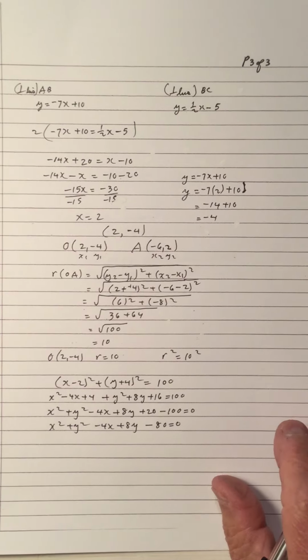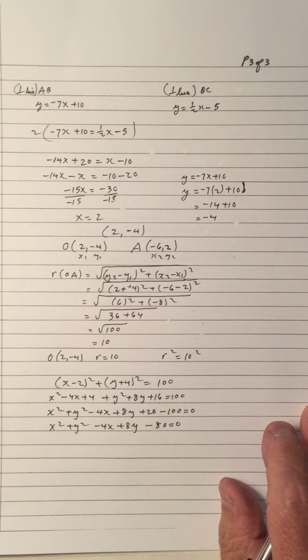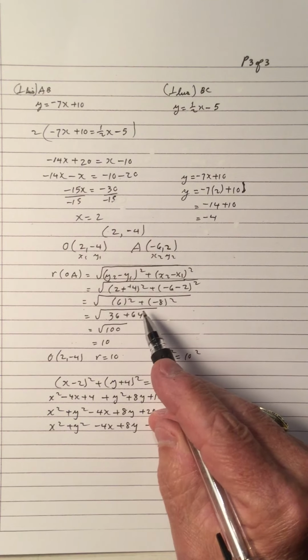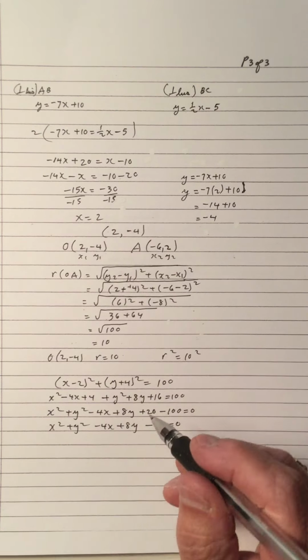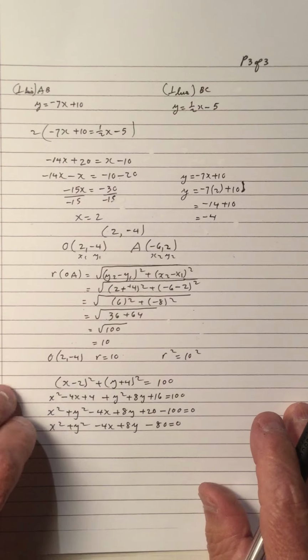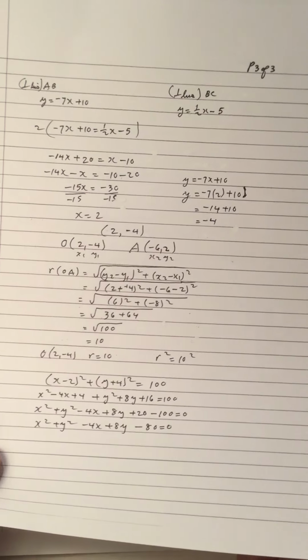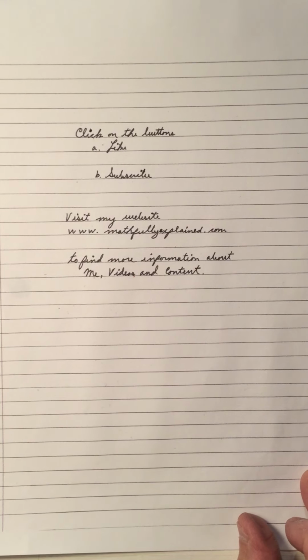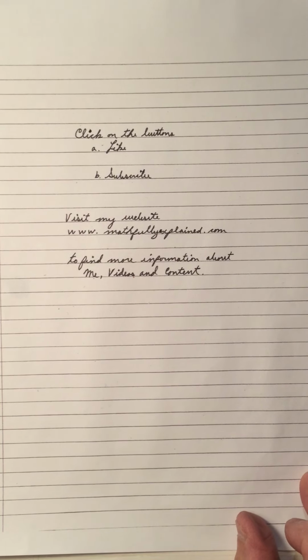You came up with the equations of two segments, you solved them, and we came up with the circle equation, center radius, and then we changed it to general form. Perfect review before we do our quiz on the circle in standard and general form.